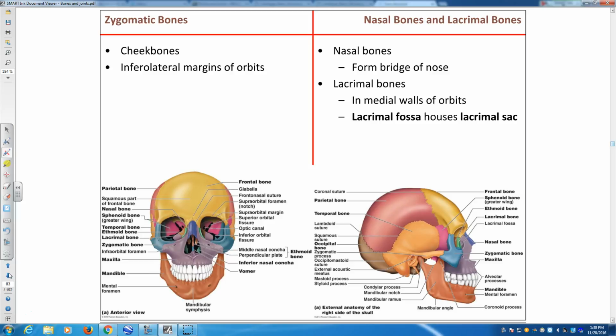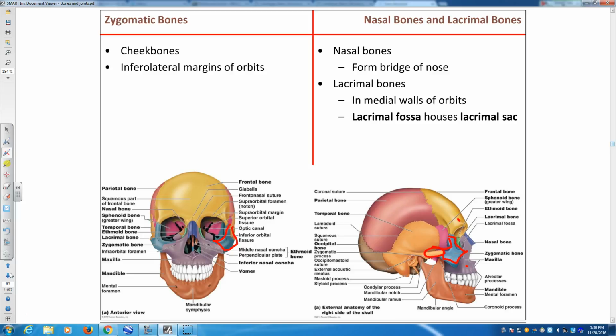Orbit is formed by 5 different bones actually. Zygomatic bone. You can see it highlighted blue on this picture. It articulates with the frontal bone, the maxillary bone, and the temporal bone. So there's several processes.